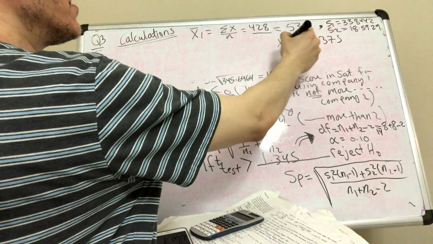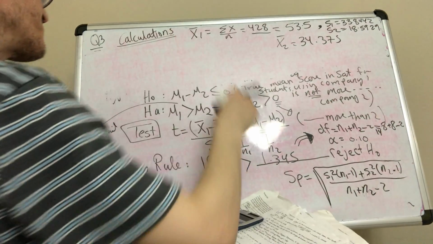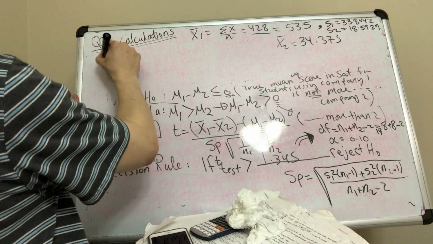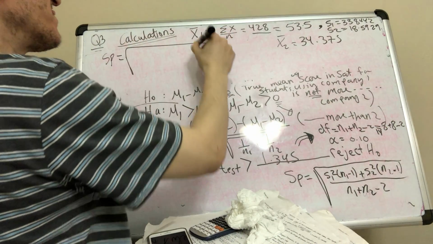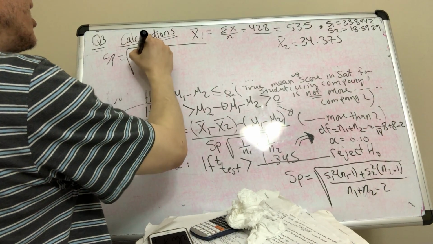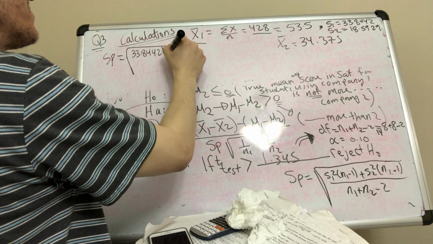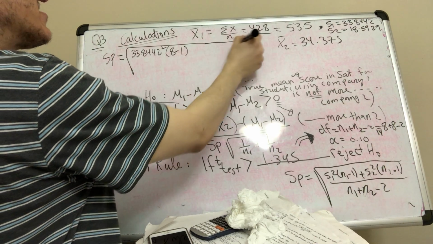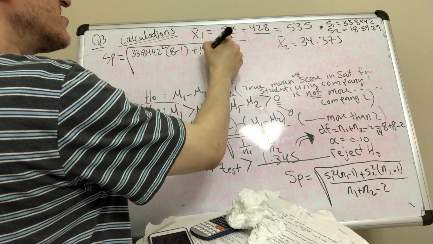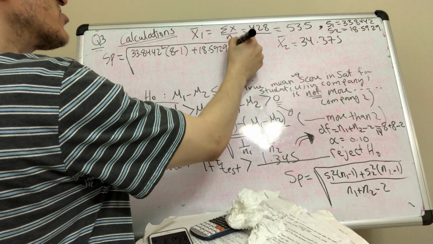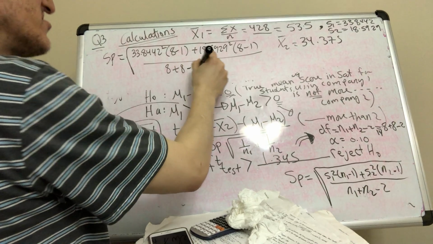This is the average of company 2. SP, using this formula, take the first standard deviation, square it, and multiply by the sample 8 minus 1. Take the second standard deviation, square it, times sample minus 1, and then divide by the sum of the samples minus 2.